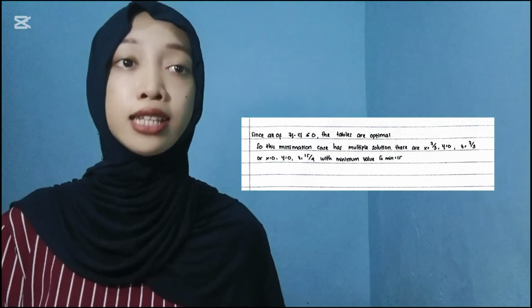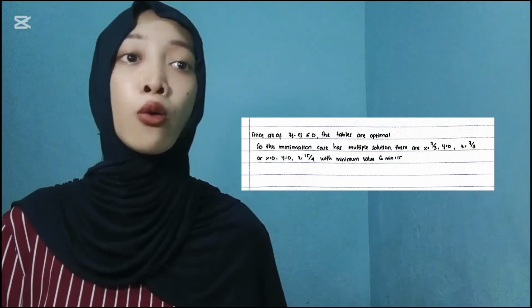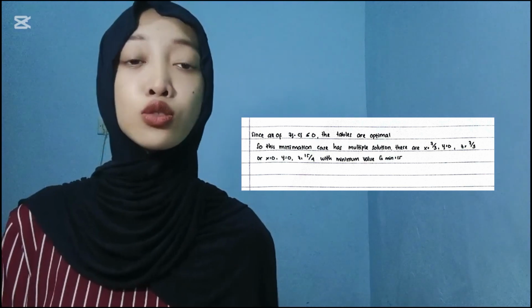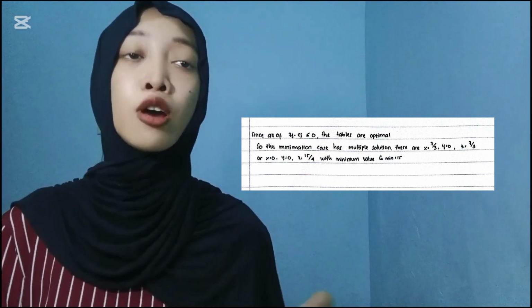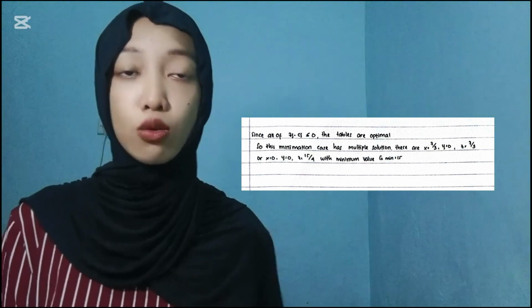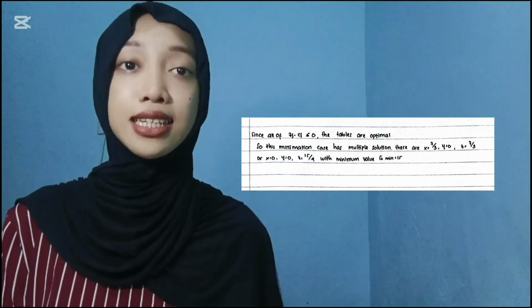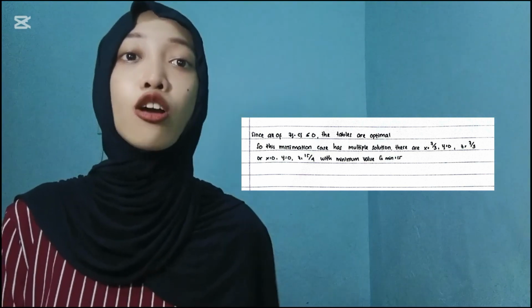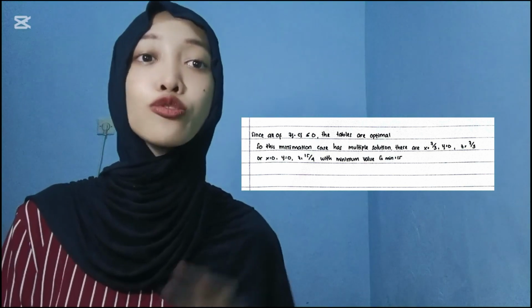There are x is equal to 7 over 3 and y is equal to 0 and z is equal to 7 over 3, or x is equal to 0 and y is equal to 0 and z is 15 over 4 with minimum value G min is equal to 15.